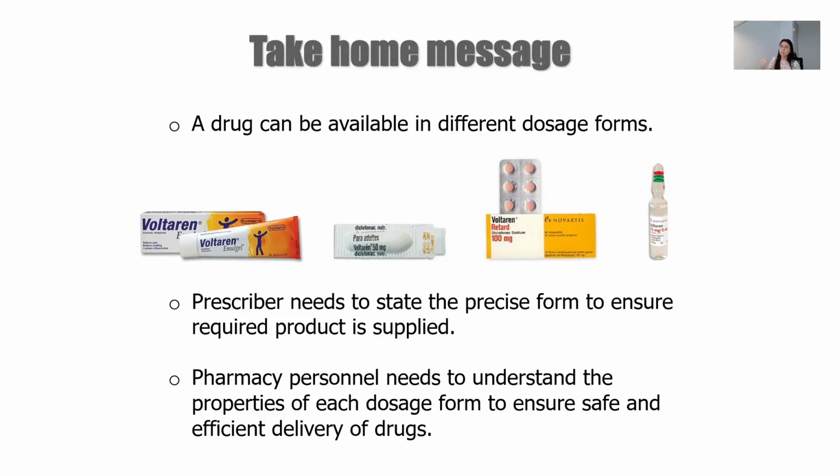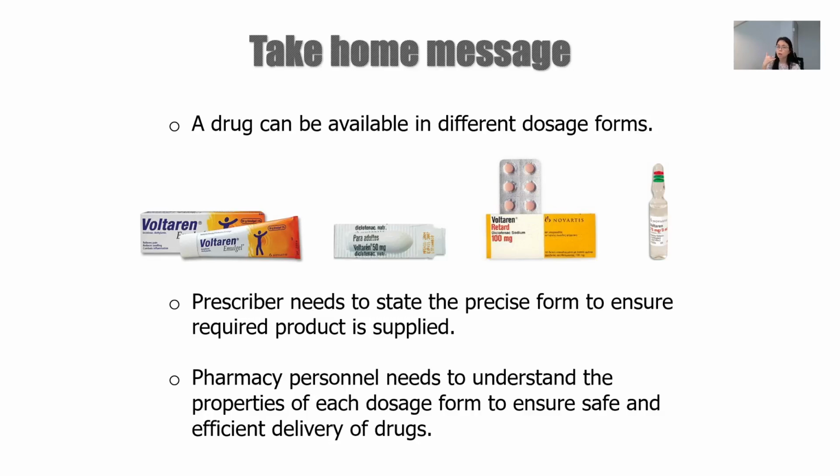So in case the doctor did not write the dosage form on the prescription, the doctor asks, oh, the patient has pain on the muscle, the lower leg muscle. Which dosage form should I give here? Of course, for the lower leg, we want to apply something on the muscle.